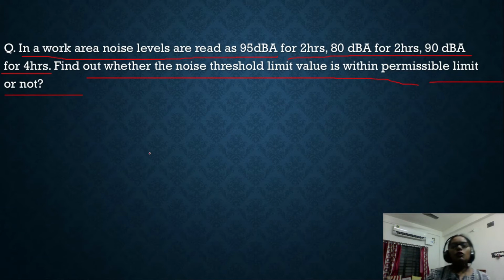So, in a work area, the noise levels given are 95 decibel for 2 hours, 80 decibel for 2 hours, and 90 decibel for 4 hours. Now you have to find out the noise threshold limit.